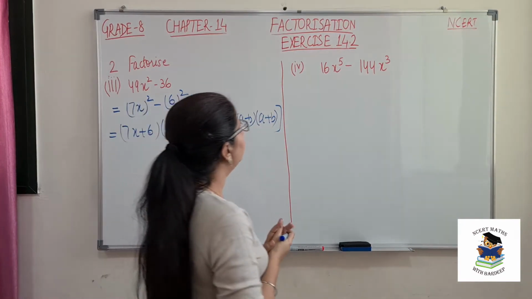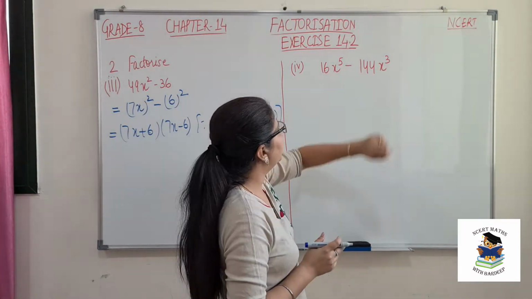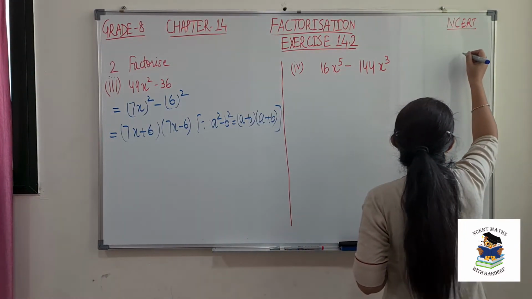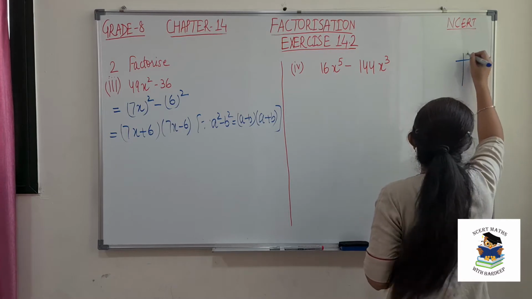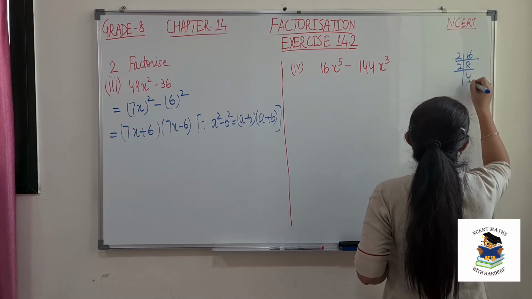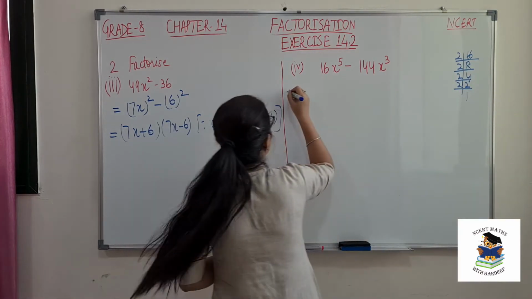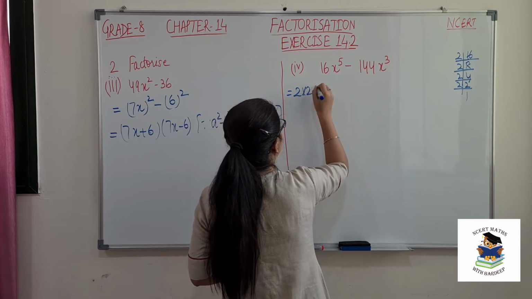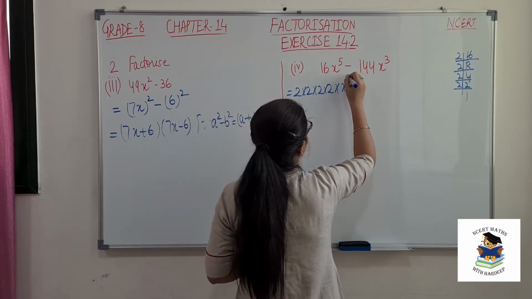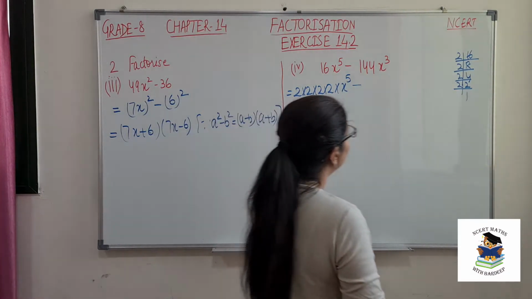Okay, so let's see here now. 16x5 minus 144x cube. So let's first factorize it. 16 has factors as shown. So this can be written as 2 into 2 into 2 into 2, x to the power 5, right? So 144.